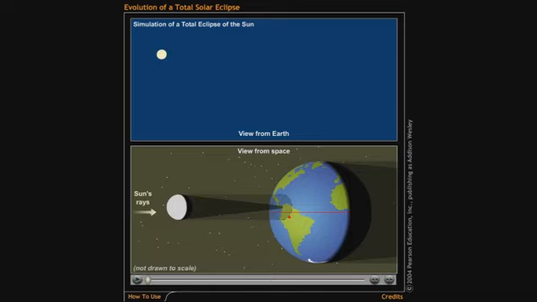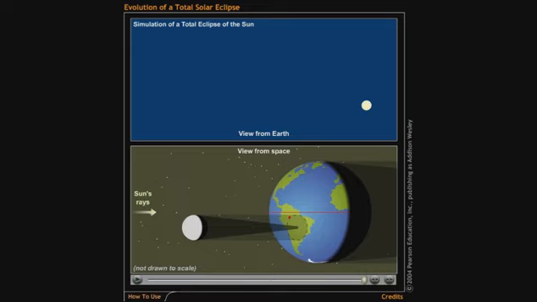So the top view is going to show you what you will see if you were standing on this particular point in South America, and the diagram at the bottom is going to show you where the shadow is with respect to the Earth. Eventually we'll see a partial eclipse, total eclipse, and then the sun will get gradually brighter again.